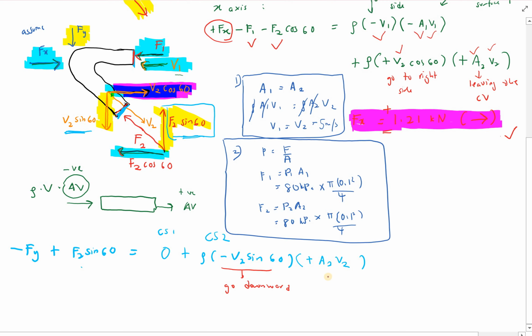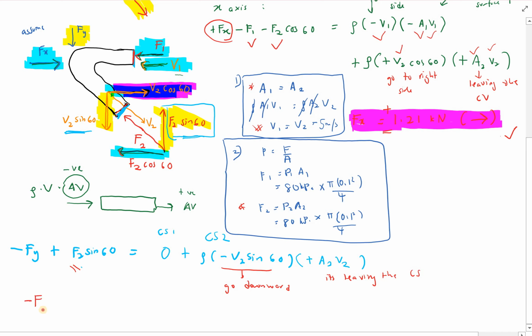F2 you can find, you have it here already. V2 you get from here, V2 equal to V1. A2 also given.